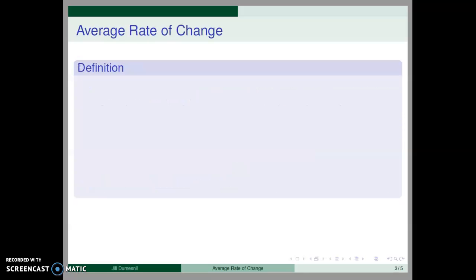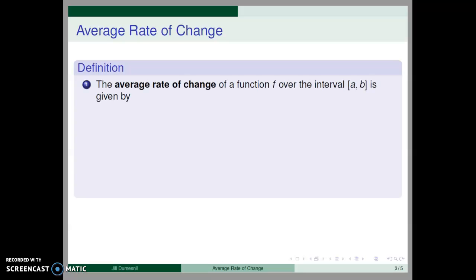Now let's consider the average rate of change of a function. The average rate of change of a function, f, over a closed interval from a to b, is given by the change in output divided by the change in input. We often use an uppercase Greek delta to denote change.